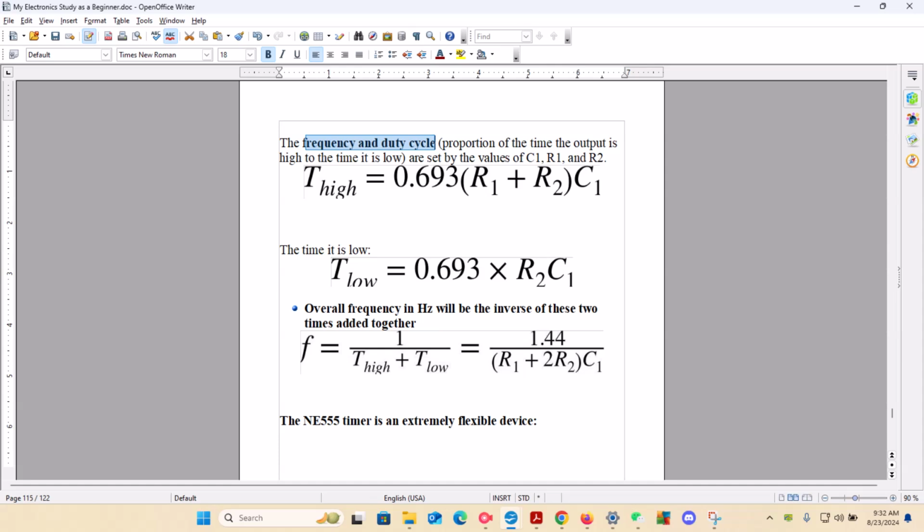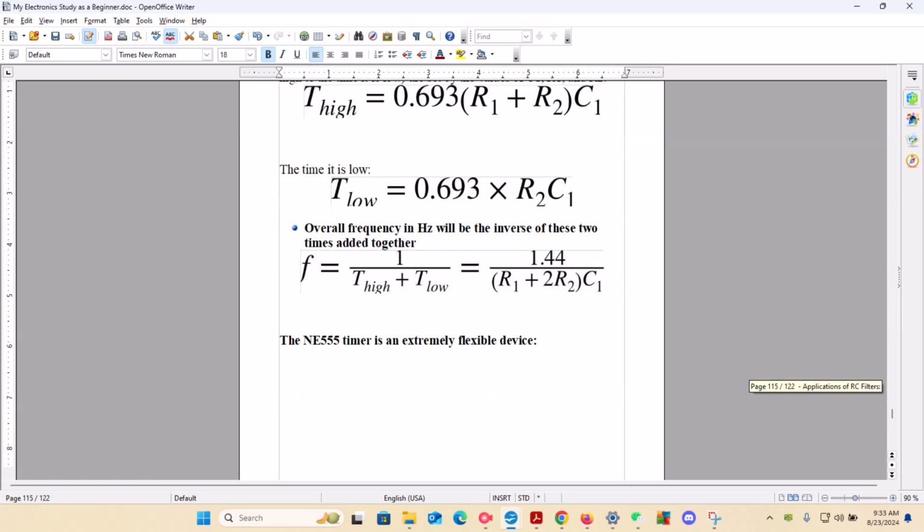If we break it down, that will be equal to 1.44 divided by (R1 plus 2 times R2) times capacitor 1. Notice this 2 times R2, it's not R1 plus R2. No, it's R1 plus 2 times R2, times the capacitor 1.